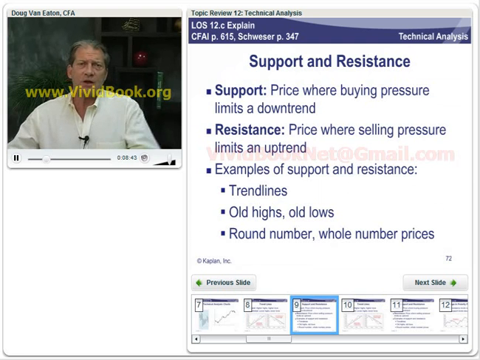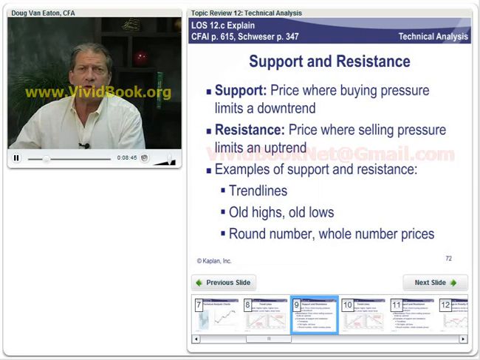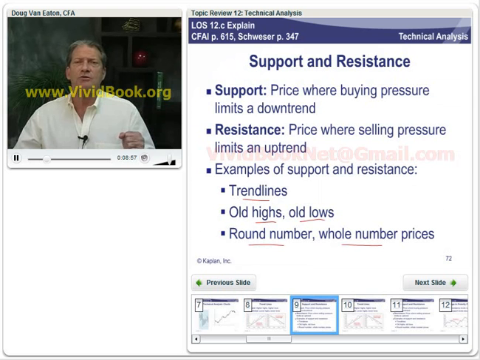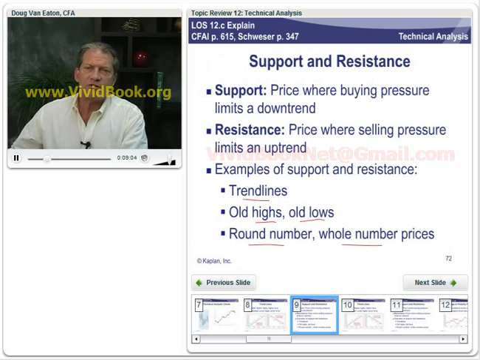Some examples of support and resistance are trend lines, old highs, which can be resistance, old lows, which can be support, and sometimes just the psychology of round numbers, whether it's 10,000 on the Dow or a price of 50 on a stock, may have support or resistance characteristics.